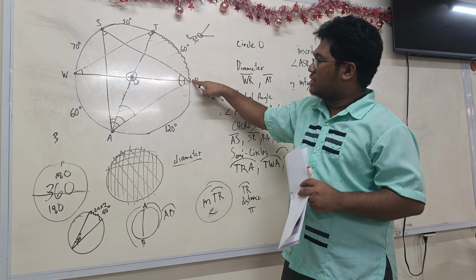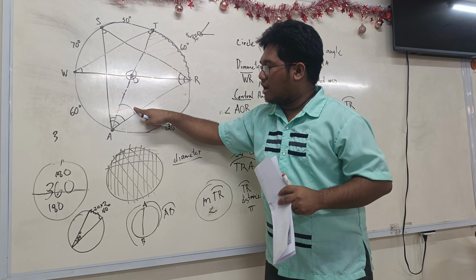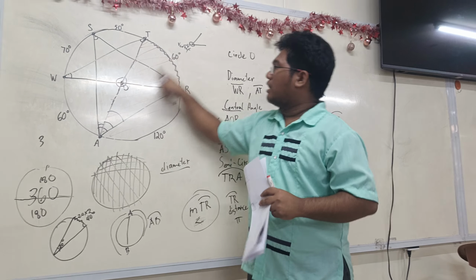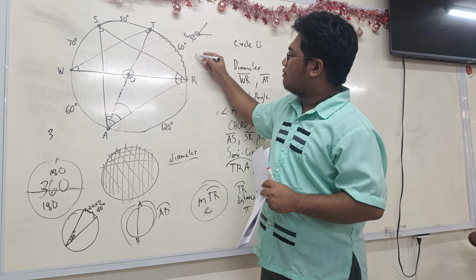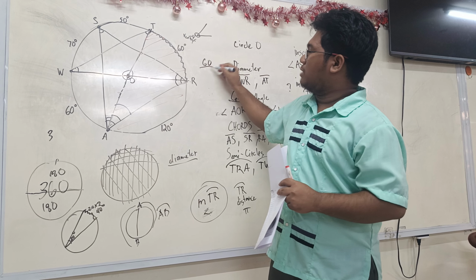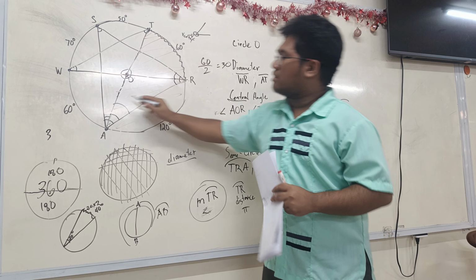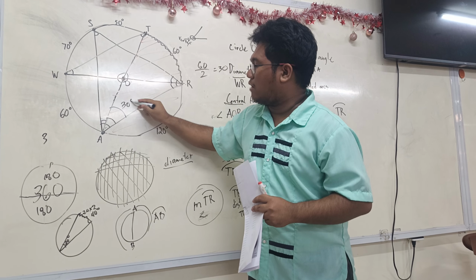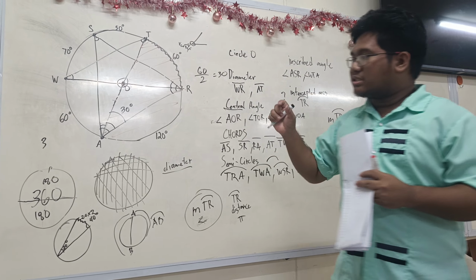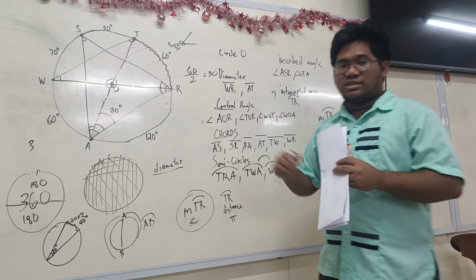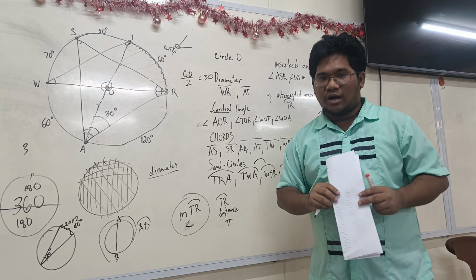Ayan yan, 60 degrees. Diba? Ano kaya yung value ng angle na to? E di i-divide natin siya by 2. So with that, 60 divided by 2 would be 30. So with that, our angle is 30 degrees. Yun yung relation between inscribed angle and its measurement of intercepted arc.